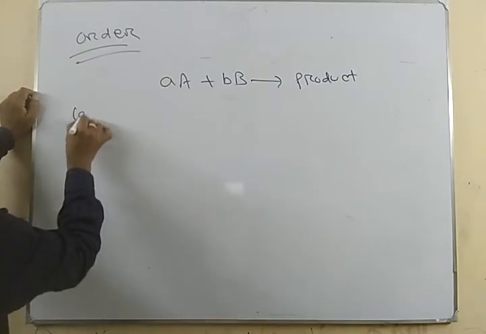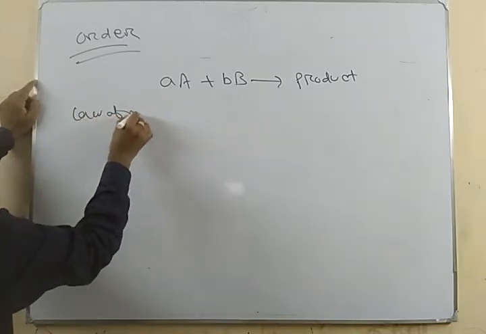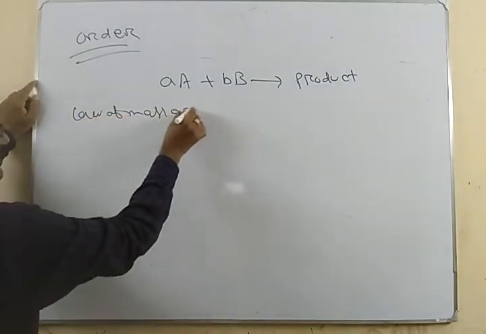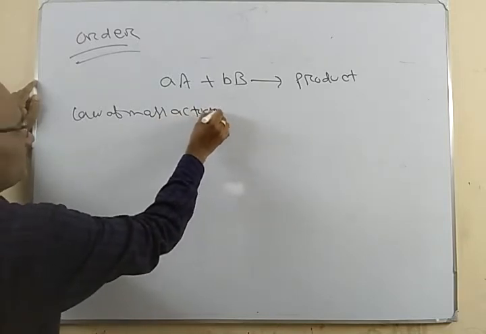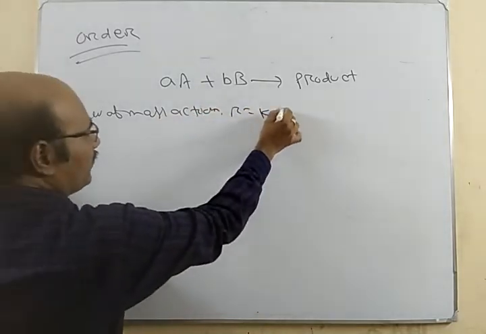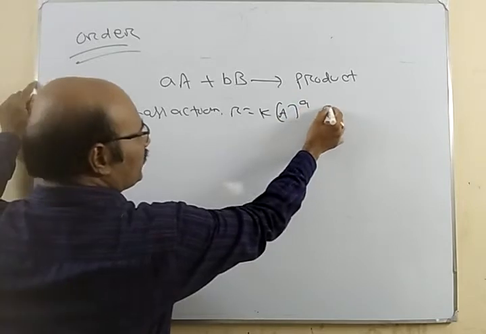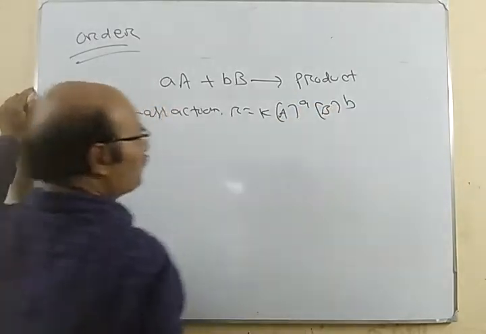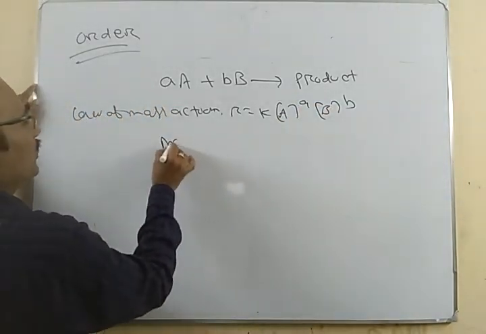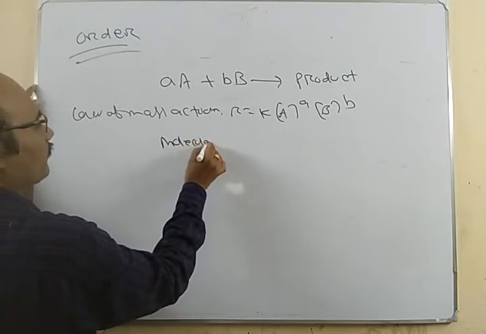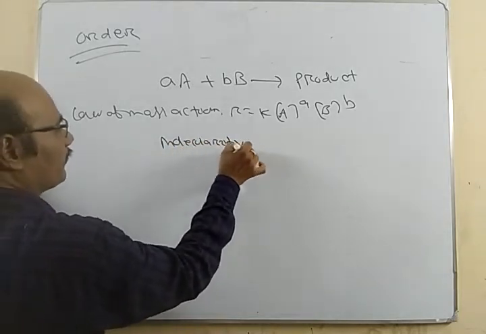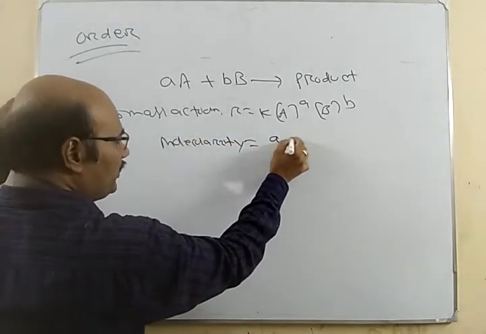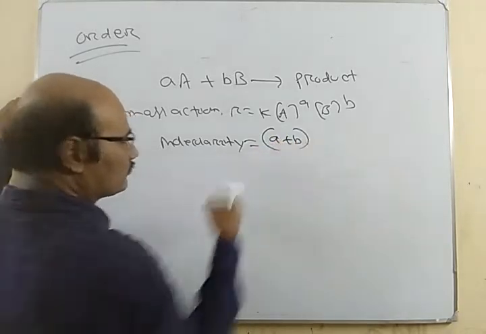Here, the law of mass action is R is equal to K [A]^a [B]^b. Okay, so your molecularity is equal to a plus b.